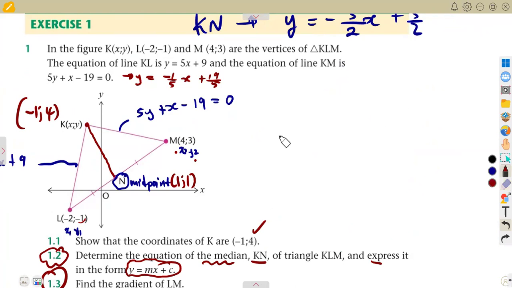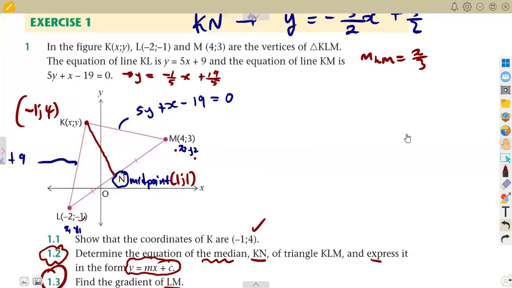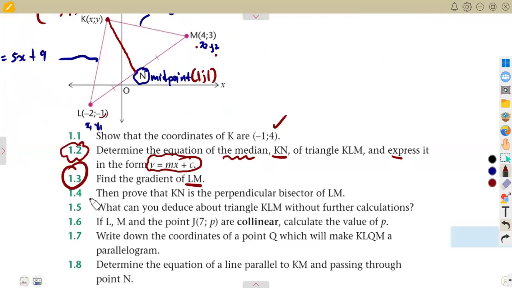But anyways, we just hope with time we'll be together. So the gradient of Lm, that is, we got 2 over 3. So we are going to see, maybe we might need that gradient later on. 1.4, then it's a continuation, meaning to say we're going to need that one. Then it's a continuation from whatever that we did before.